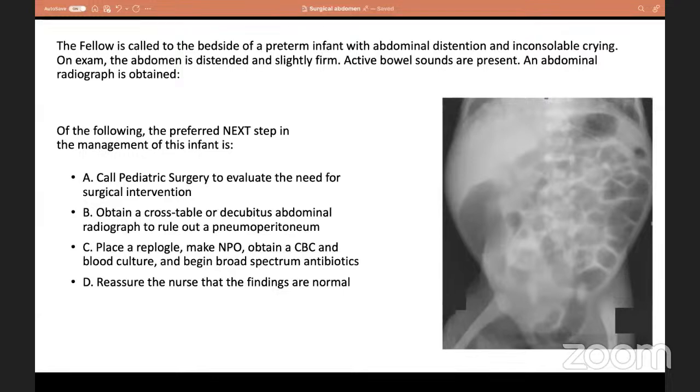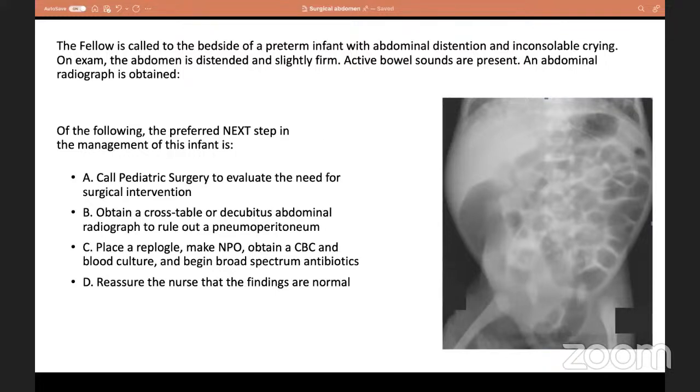So what is the diagnosis? Can anyone tell what is the problem over here in this X-ray? Residents, fellows. Dr. Usman, this is for you. You can unmute yourself. I think he is busy.